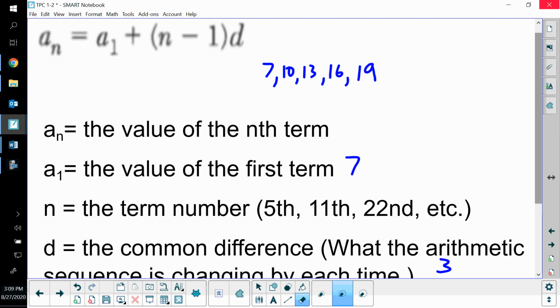Now to talk about a_n and n, we want to look at this last term here. n is the term number you're looking at. So for that term I boxed, we want to know which term number it is. If we count through, it is the 5th term, so our value of n would be 5. And a_n is the value in that 5th spot, which is 19.